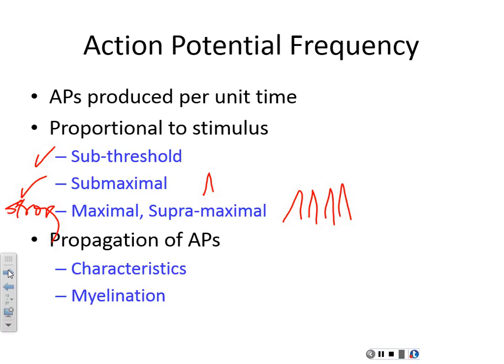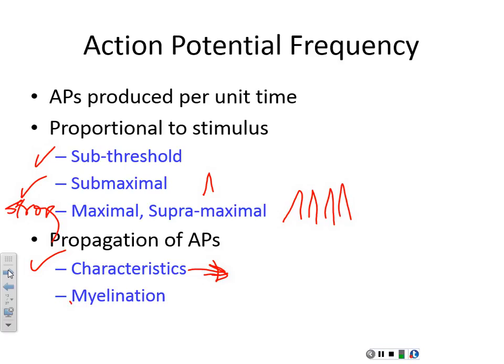All right, so propagation of action potentials, we talked about it a little bit. We said that they're only generated in one direction. Because of the absolute refractory period, it's generated in one direction, and then the myelination makes it much faster.